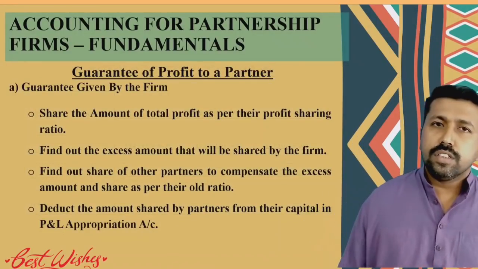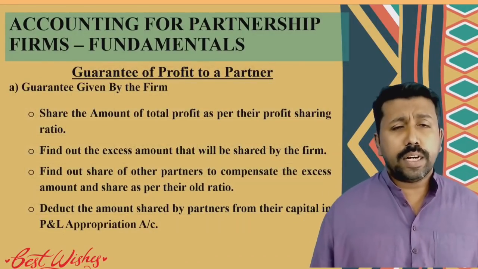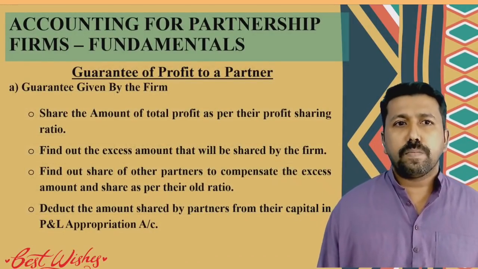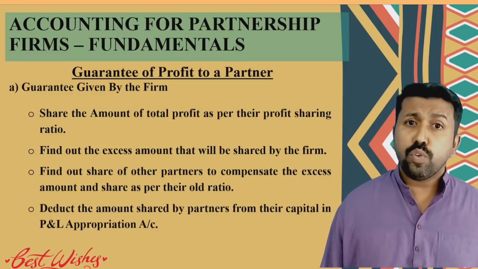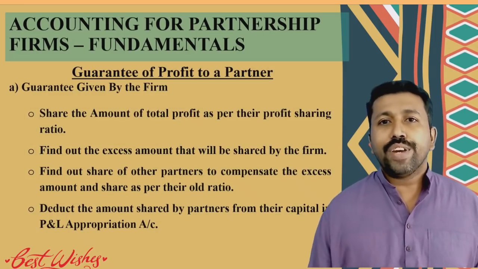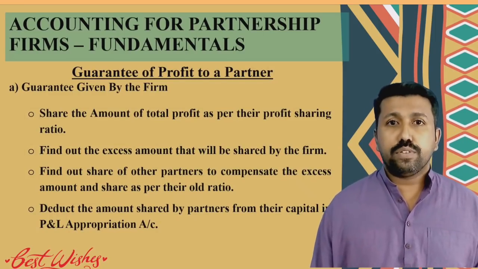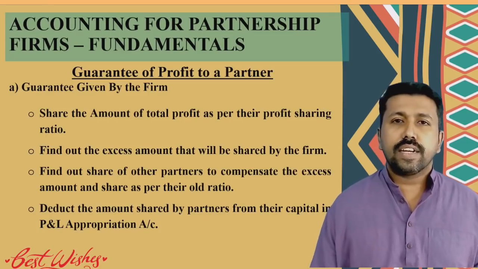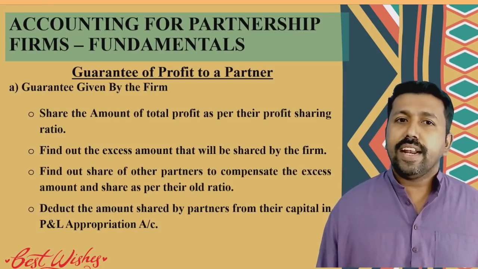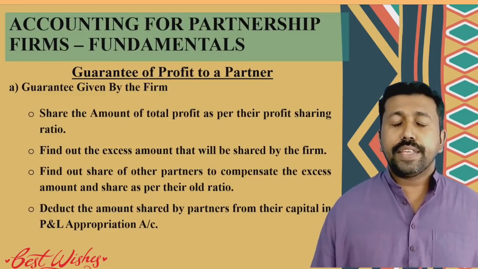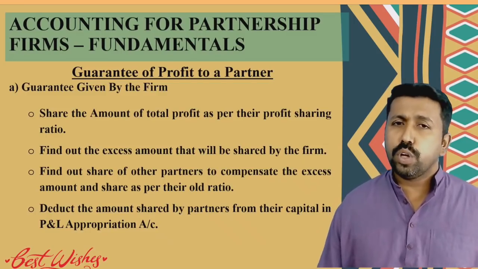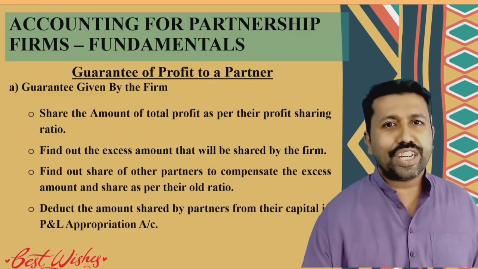And there will be another concept related to fundamentals, that is guarantee of profit to a partner. If the guarantee is given by the firm, first of all, we have to follow all these steps. We have to find out the amount of share and the guaranteed amount for the partner. And if there is any deficiency, and the guarantee is given by the firm, that deficiency will be shared by the old partners in their old profit sharing ratio.